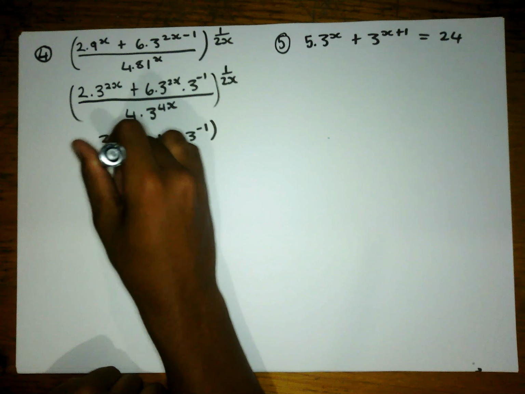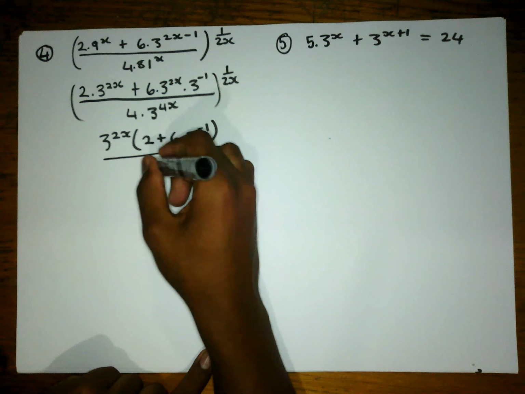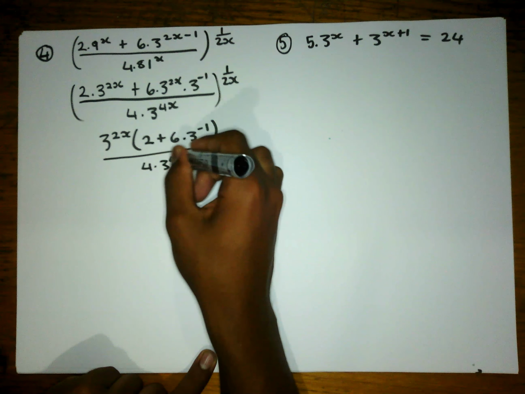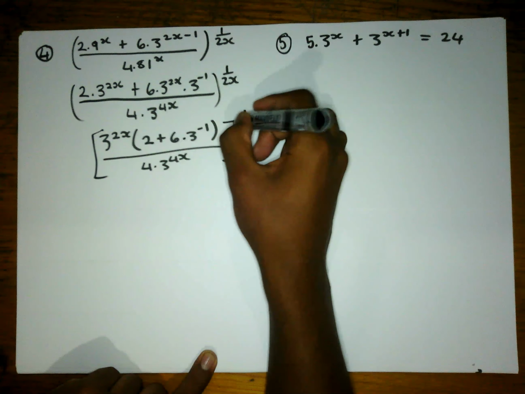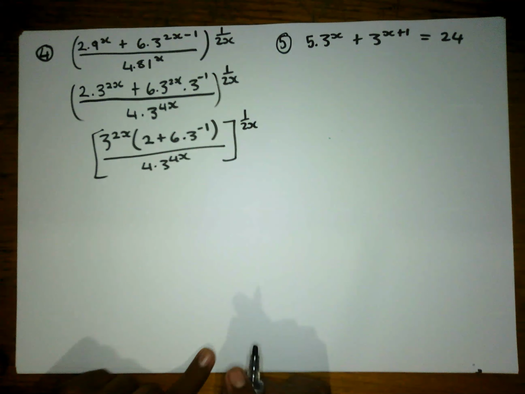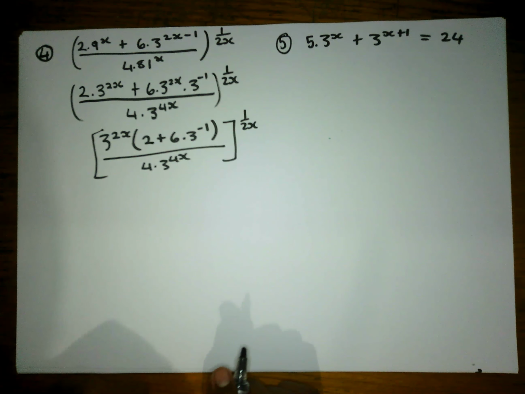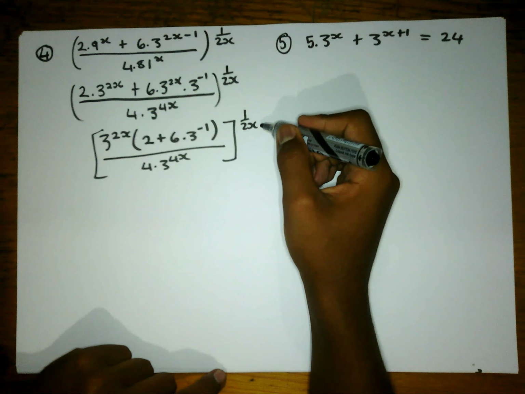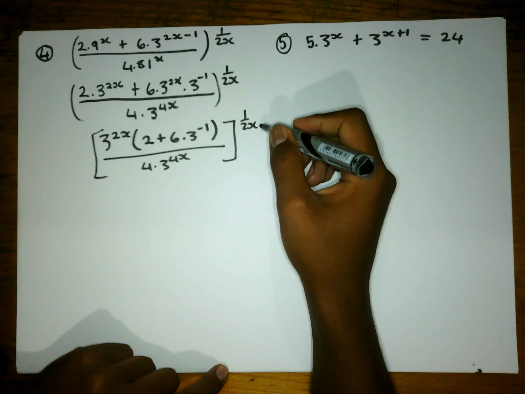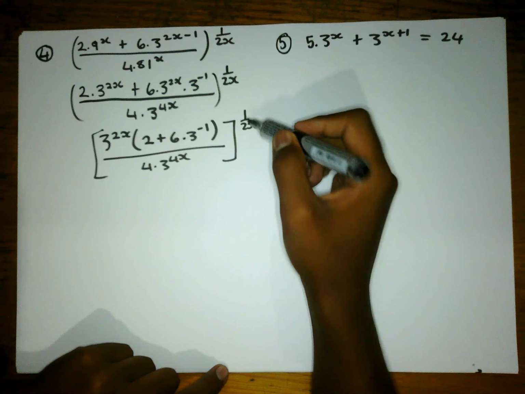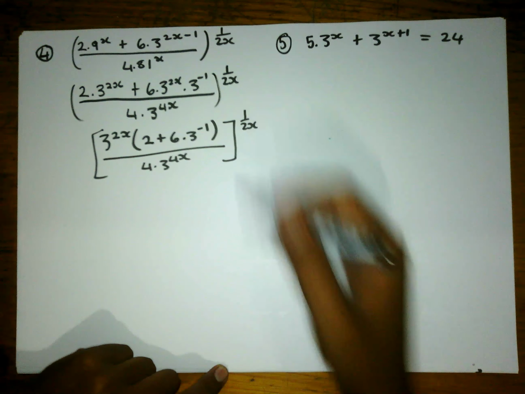Then all of this over 4 times 3 to the power 4x. Don't forget that 1 over 2x that's outside. Don't forget this one over here. We can't do anything with it right now. So if you multiply this in too early, you will get the wrong answer and you will be writing endlessly to nowhere.